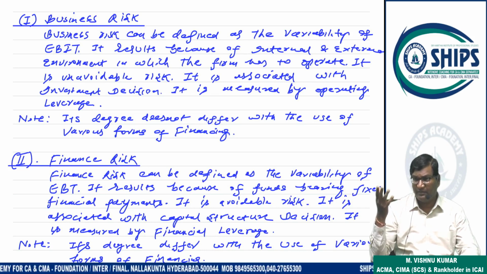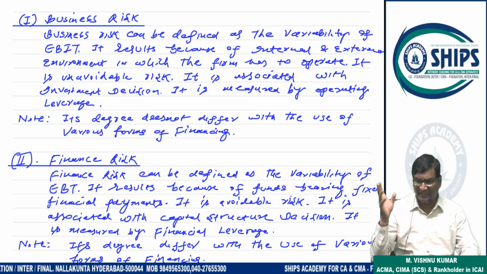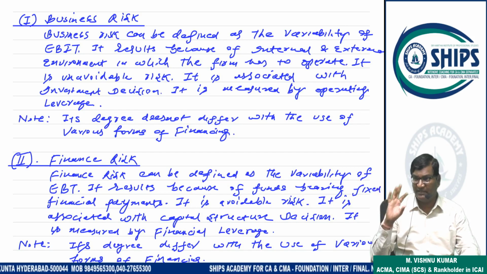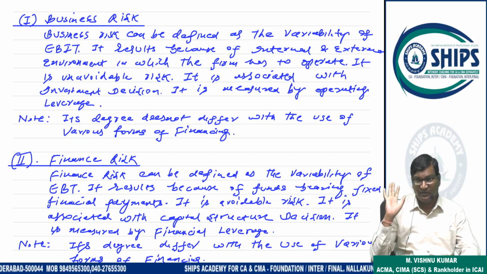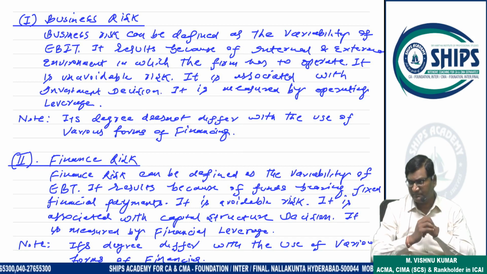So at what rate is your earning before interest and tax increasing or decreasing? Suppose earning before interest and tax increases or decreases by 1%. Financial leverage is 3. So earning per share will also change by 3%. That's it. This is the complete summary of this topic.